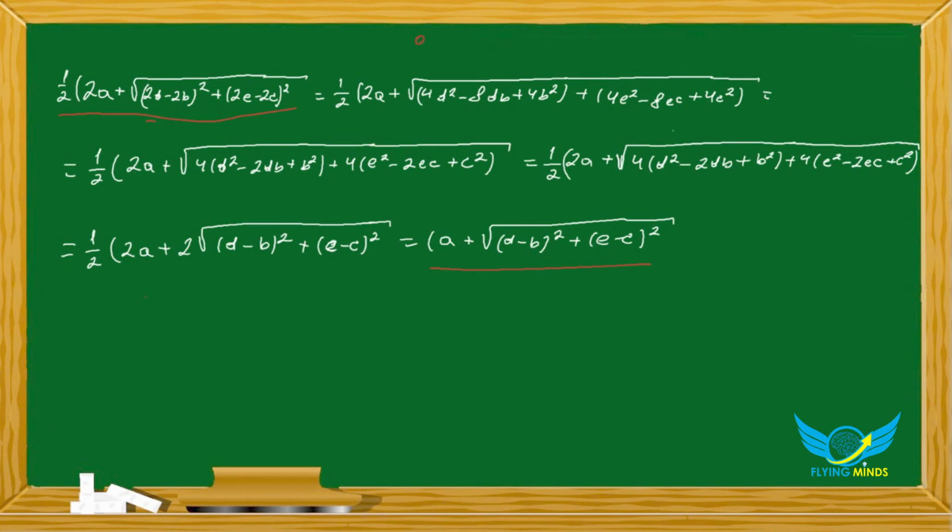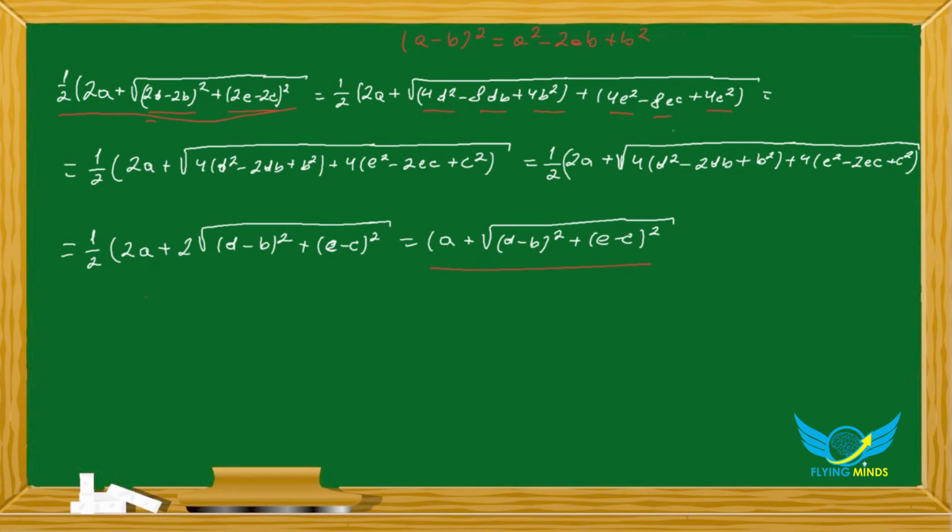So we use this identity: square of difference equals a squared minus 2ab plus b squared. We expand each term using this identity. So we get 4d squared minus 8db plus 4b squared, and for the second term we get 4e squared minus 8ec plus 4c squared.